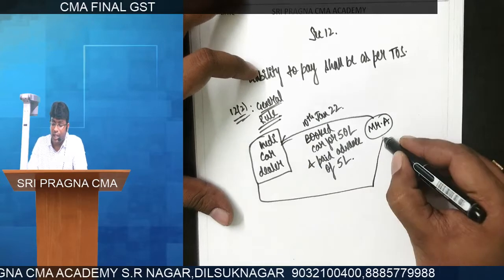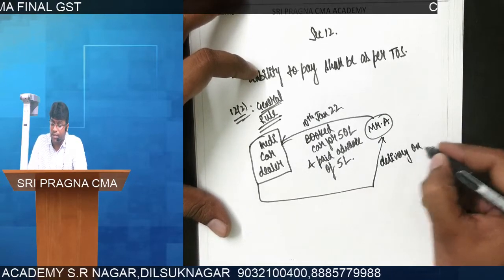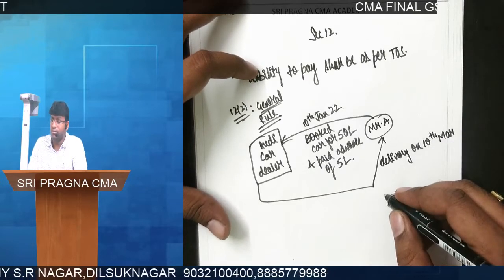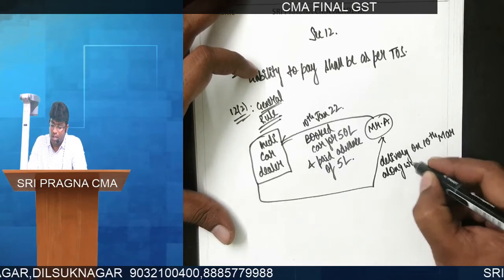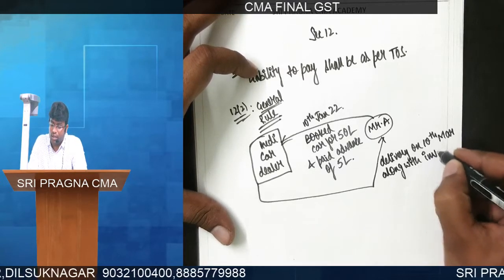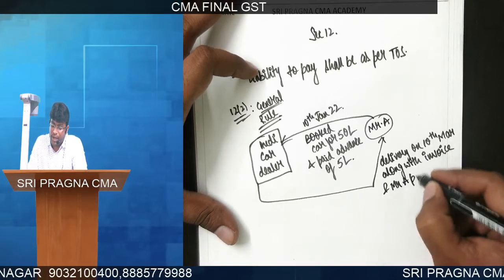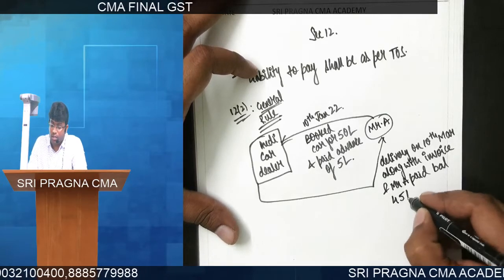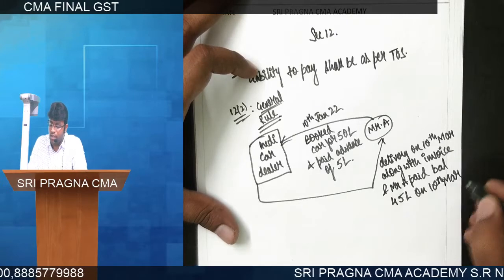And Audi car dealer promised A that delivery will be done on 10th March, along with invoice. And Mr. A paid balance 45 lakhs on 10th March.